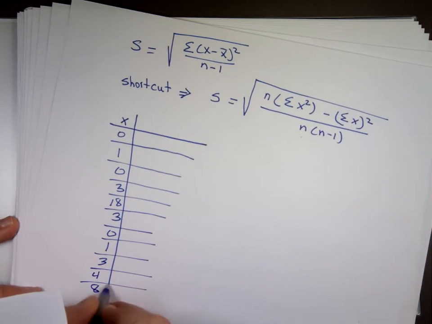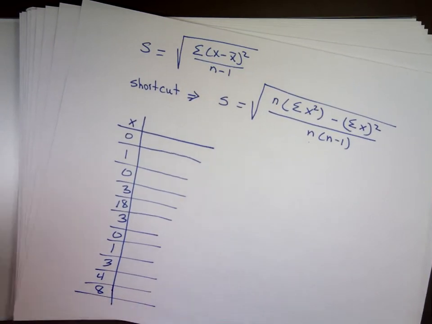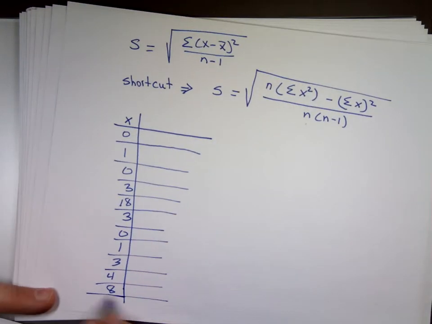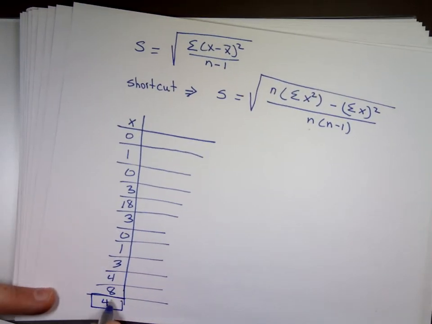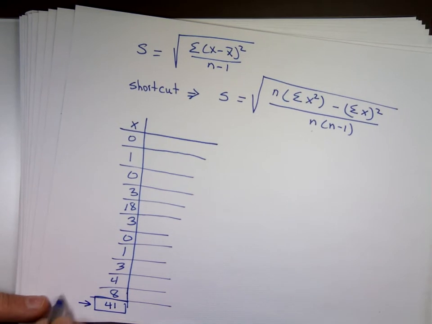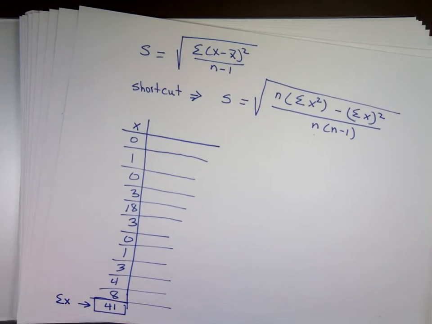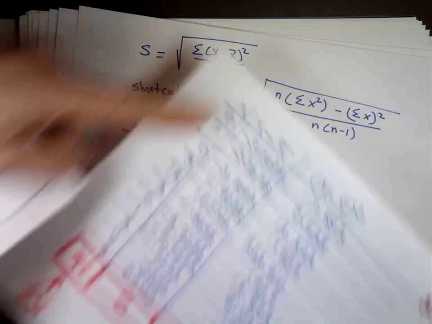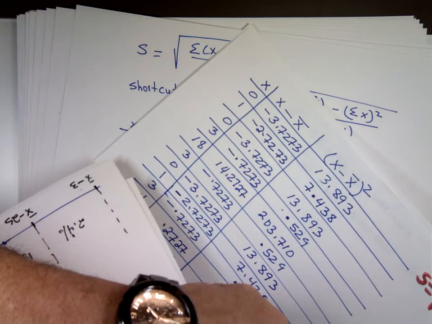And I already added them from before. The sum of that was 41, right? That's the sum of x. It's the same as before. I had to add them before to get the average. I didn't have a choice.